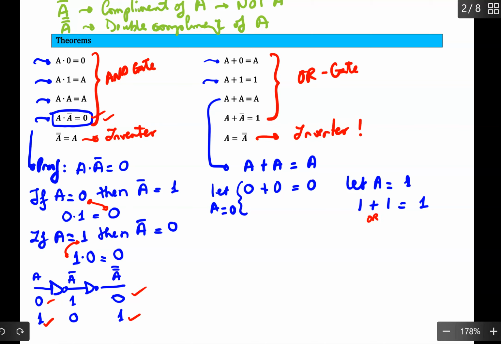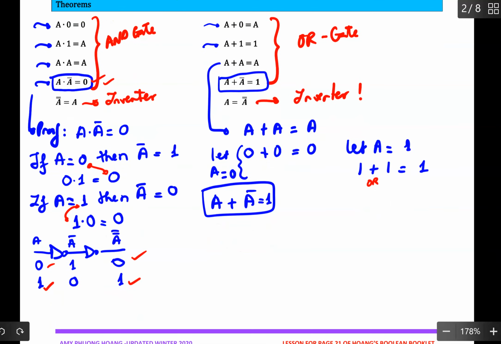Okay, so in this case, we have an OR. The one I want to prove for everyone is this. Let's prove it down here: A or with the invert of A is equal to 1. So let's prove that, again, in detail. If A equals 0, then the complement of A is equal to 1.